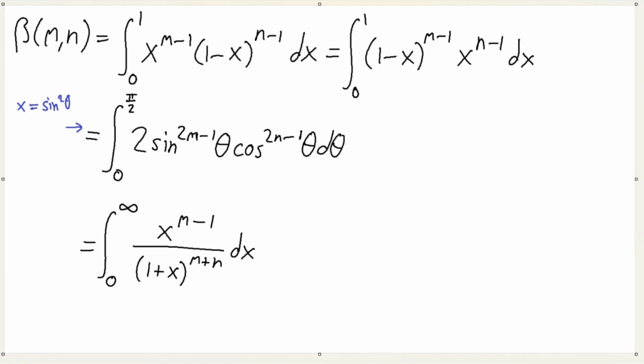Now, I'm going to color this. This is the golden formula. This is the integral that you will most commonly come across more than the other two forms.